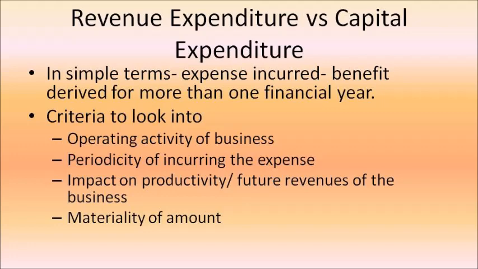On the other hand, if we look at a school as an example, a school purchases various kinds of furniture like tables, chairs, a blackboard or a projector, and makes many such investments. The benefit it derives from such investments lasts for more than one financial year.